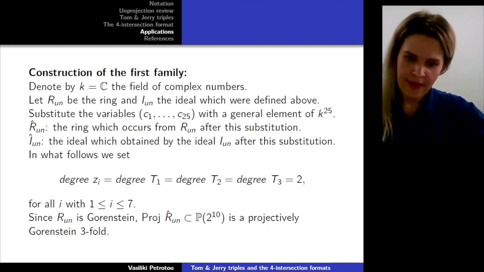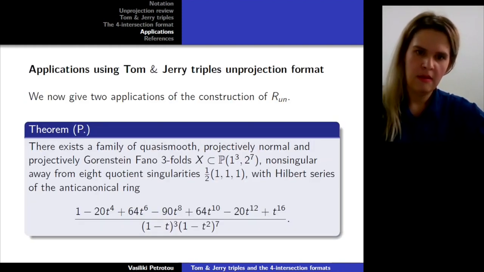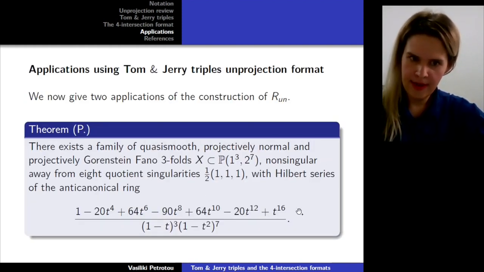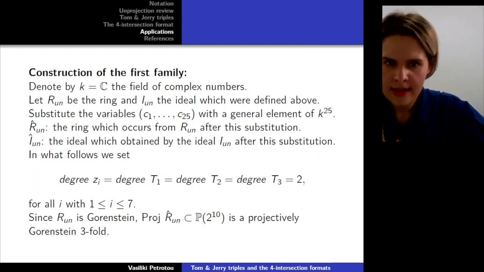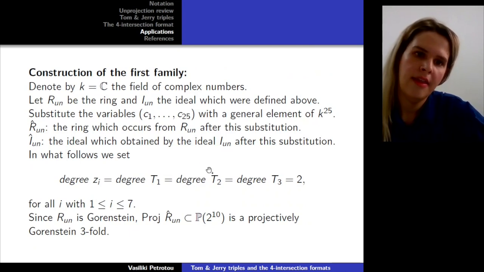About the construction of the first family, the family that is described in the first theorem that we discussed. We start with the ring that we constructed using Tom and Jerry triples and projection format, the Aran ring.